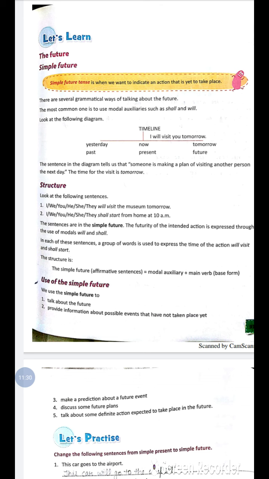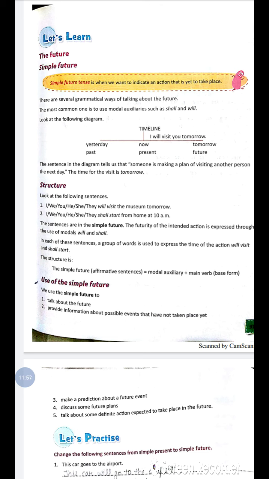The futurity of the intended action is expressed through the use of modals will and shall. And the structure is the simple future affirmative sentence: subject plus modal auxiliary plus main verb base form.